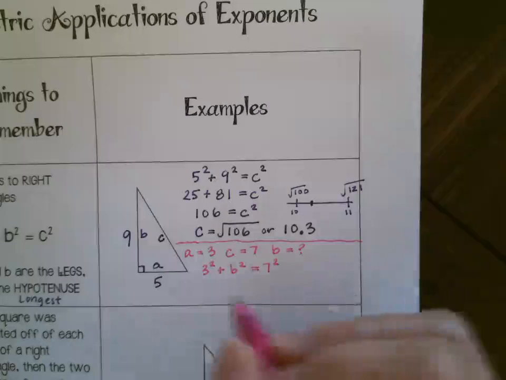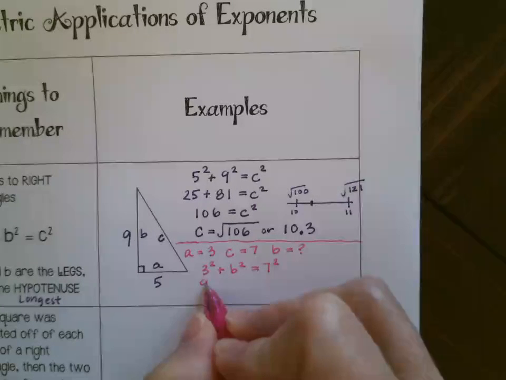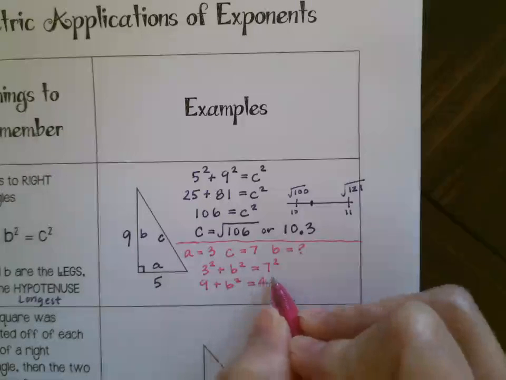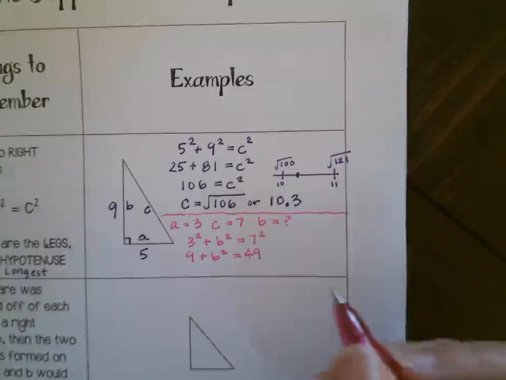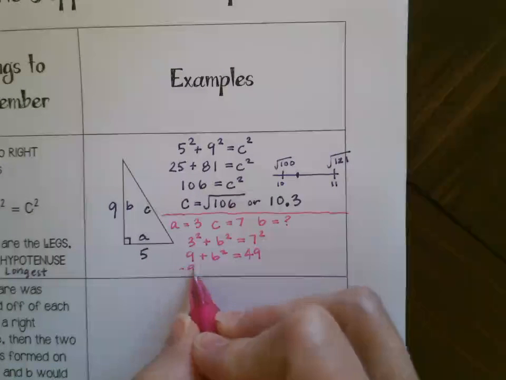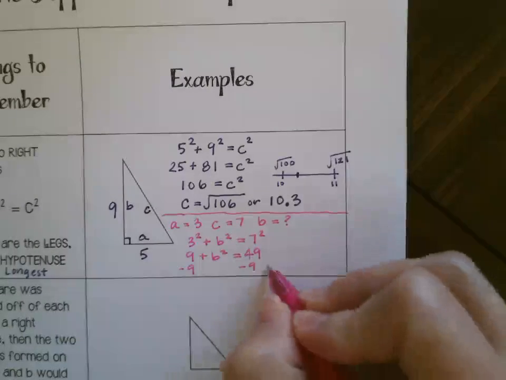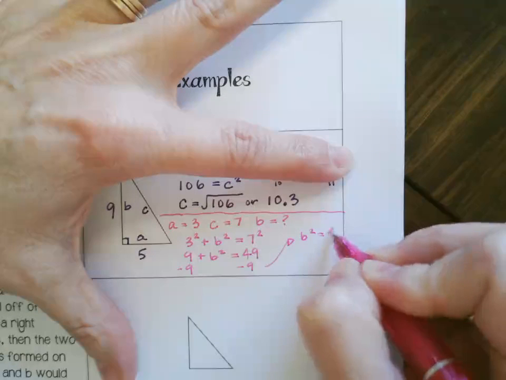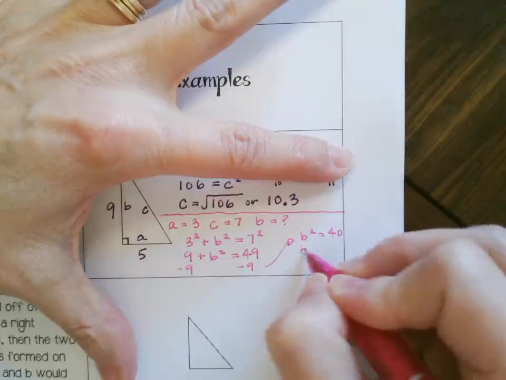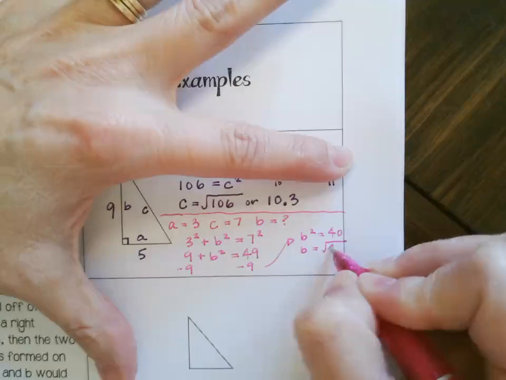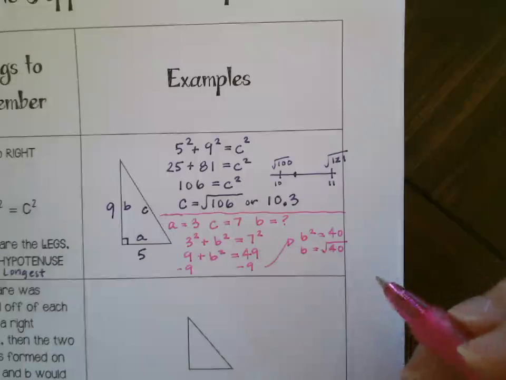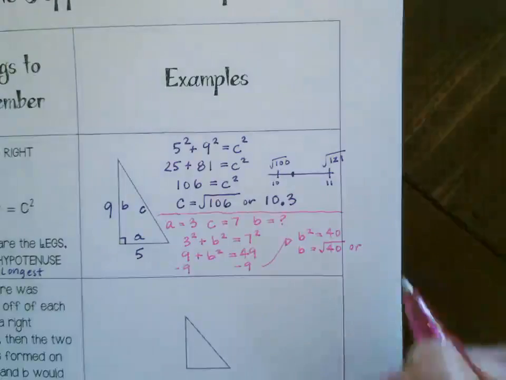All right, let's do what we can. We know what 3 squared is, so 9 plus b squared, and I know 7 squared is 49. I need to figure out b, so let's subtract 9 from both sides. Now we know that b squared is equal to 40, which means b would have to be the square root of 40. At this point, if square root is an option for an answer, I could leave it like that, or I can estimate it.